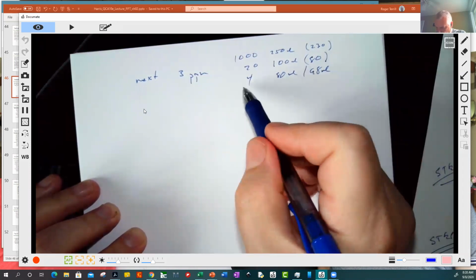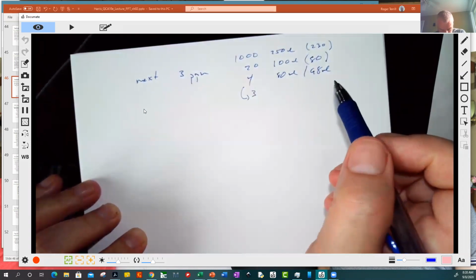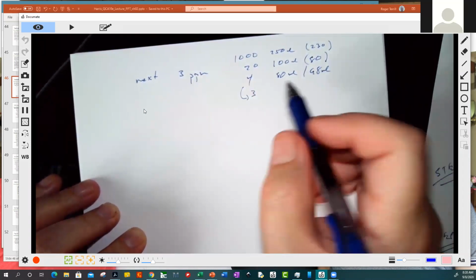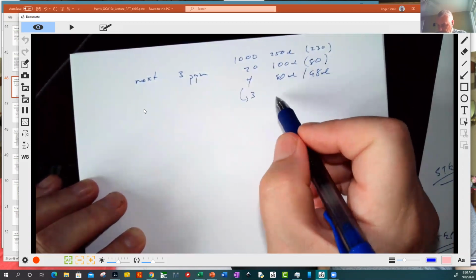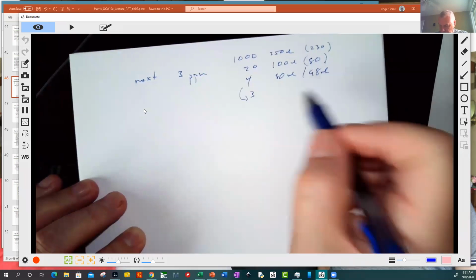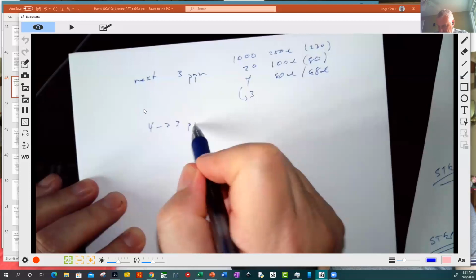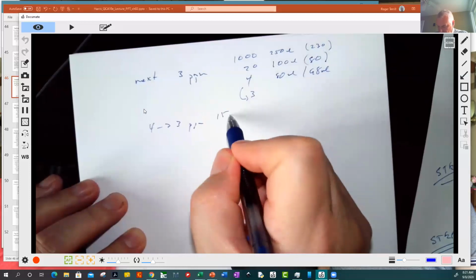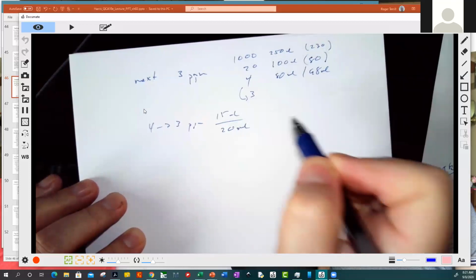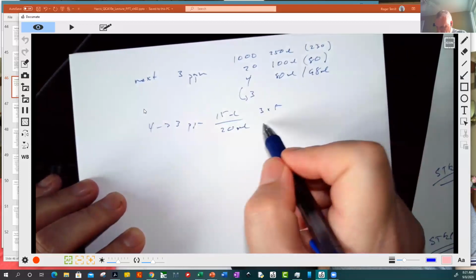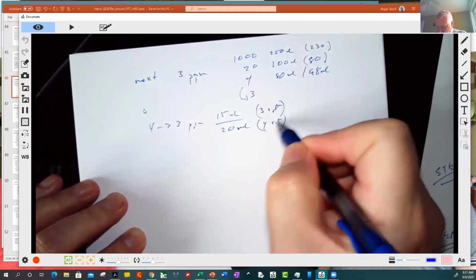Then we want to go from 4 to 3, right? And 4 to 3 is a little bit awkward, but I happen to know that to go from 4 to 3 parts per million, we can use a 15 mL and a 20 mL pipette, right? This is 3 times 5. This is 4 times 5, so these cancel.